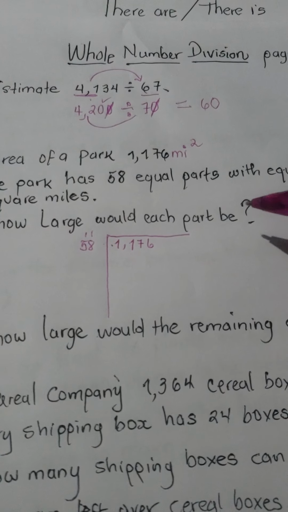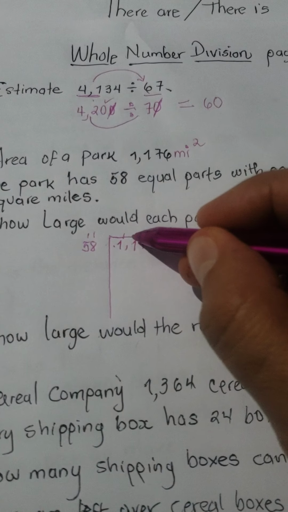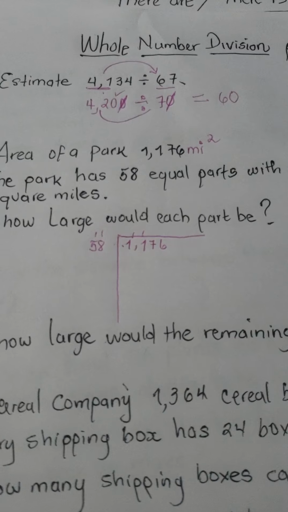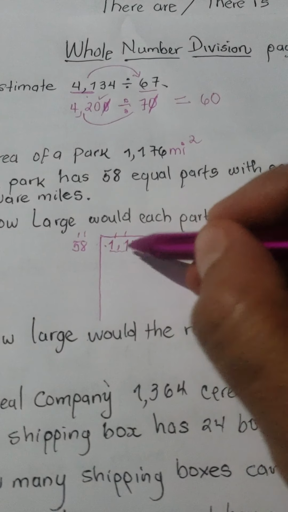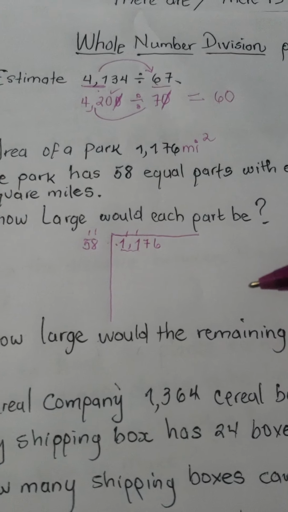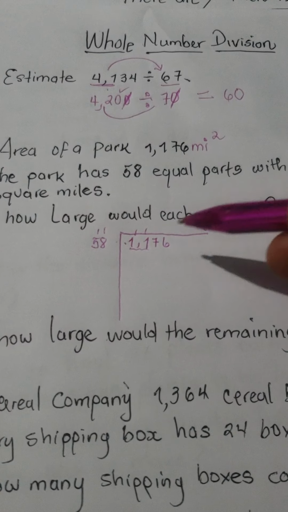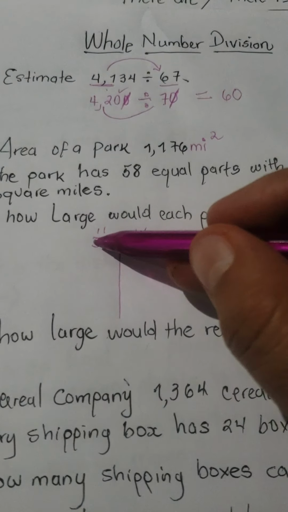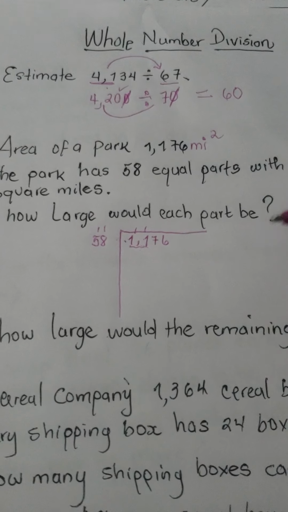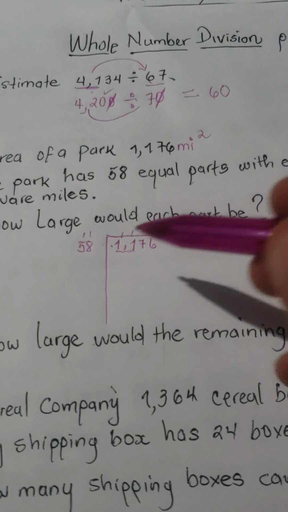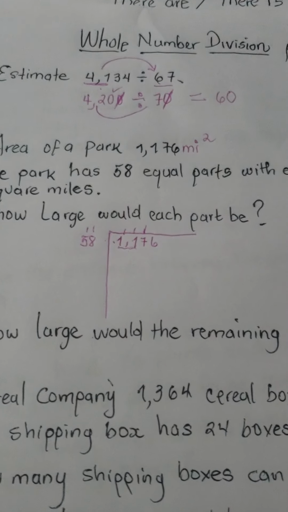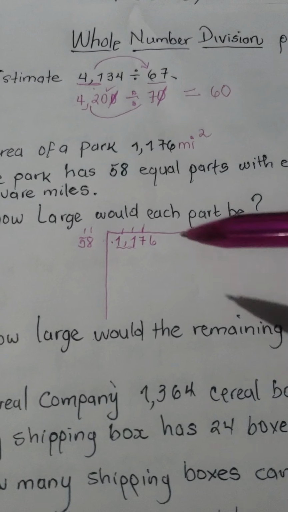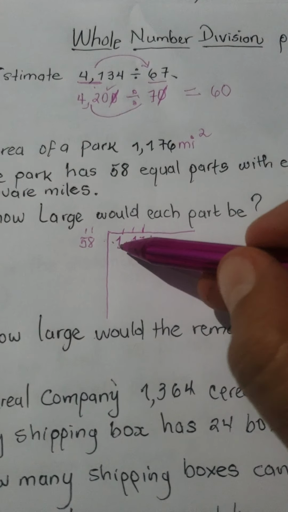If you have two numbers in the divisor, you get two numbers in the dividend. In this case, it's 11. But 11 is not enough for 58. Remember that the number inside has to be greater than the number outside, which is the divisor. So what we do is take another number, the number 7. And now you don't have 11, but you have 117.